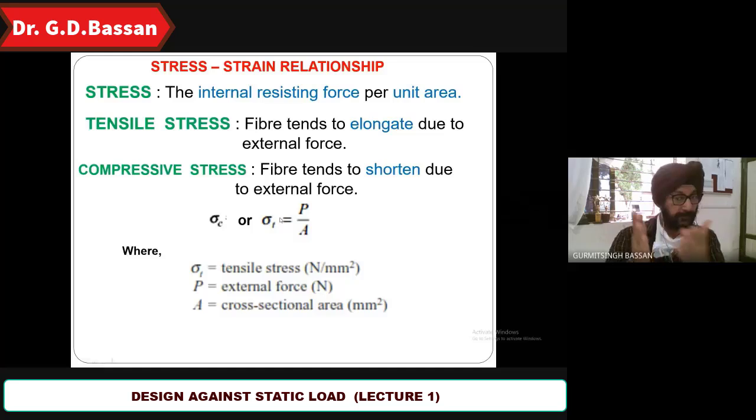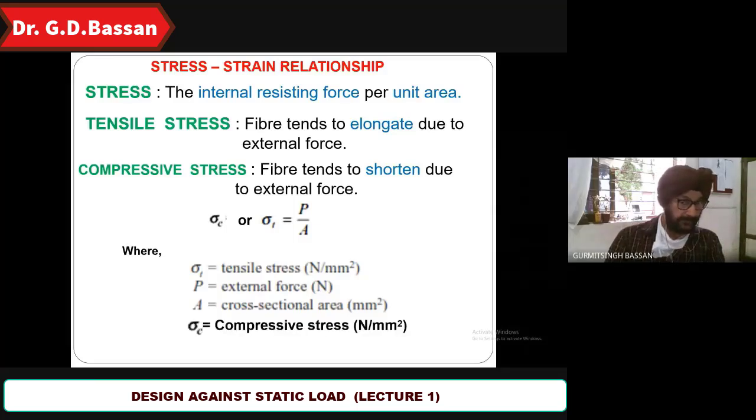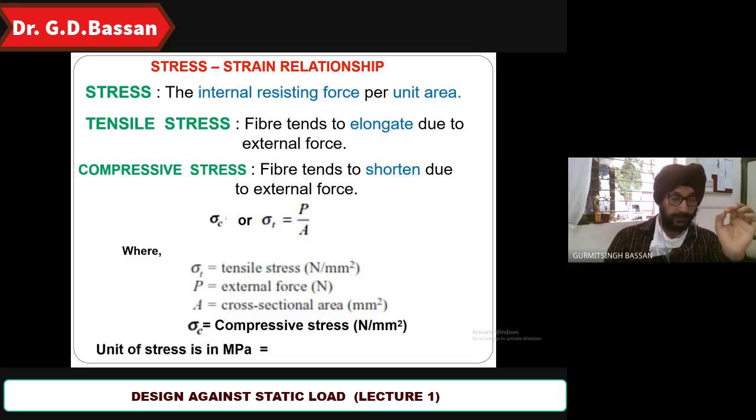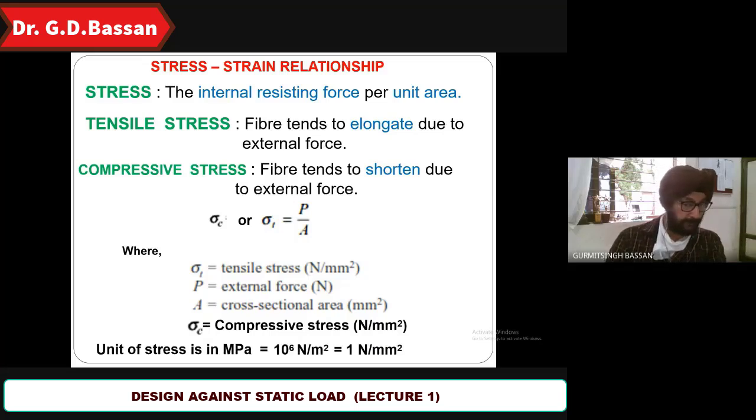Unit is Newton per mm square. P is the external force, and A is the cross-sectional area in mm square. Generally we are going to use the units in Newton and mm, that is the SI system. Sigma C is compressive stress in Newton per mm square. Now, what is the unit of stress? That is megapascal. So megapascal is how much Newton per meter square? 10 raised to 6, and that is equal to 1 Newton per mm square.